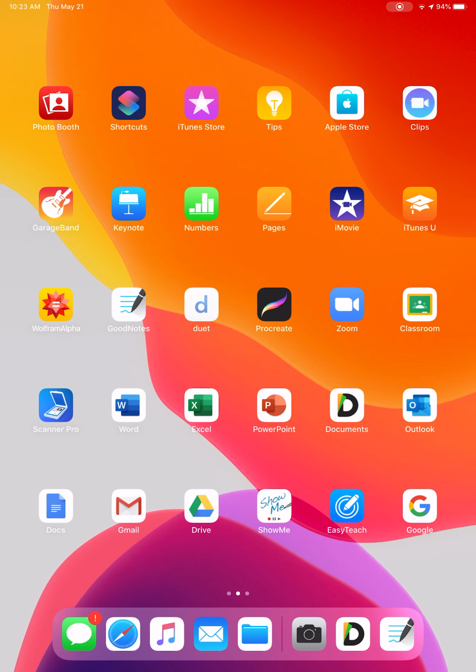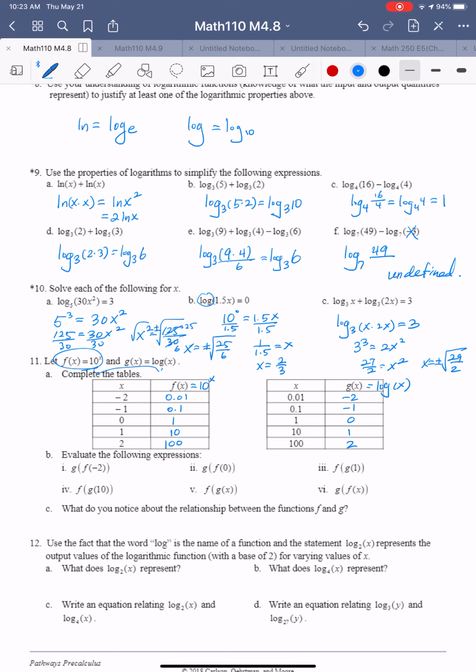Okay, sorry about that. And then we are using the composition to find this problem. Okay, so now f of negative 2. So function f of negative 2, input as here, and the output becomes 0.01. So this is equal to g of 0.01. Now g of 0.01 is right here, which is equal to negative 2.